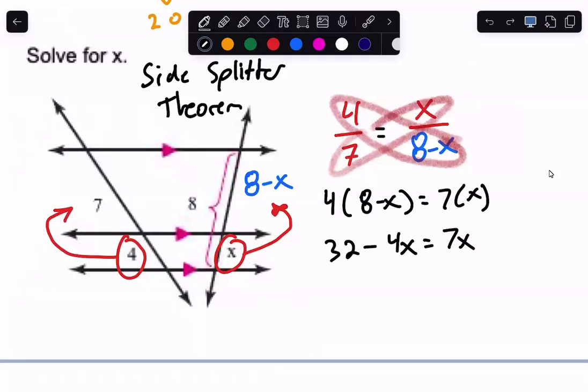Add 4x to both sides. Thirty-two is equal to 7 plus 4, which is, is that 11? Divide by 11.